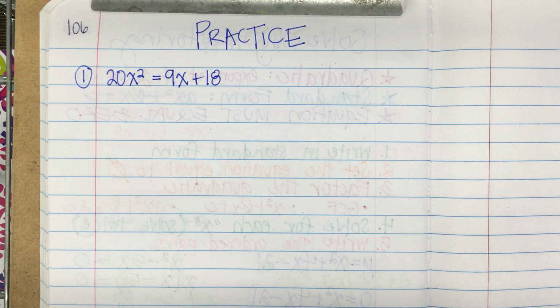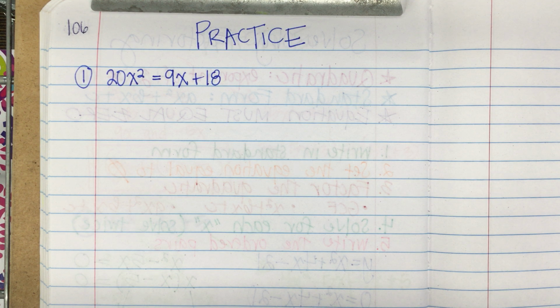What was my first step? What's my first step of my notes? Write it in standard form. Is it in standard form? No, it is not in standard form. There are 2 things I could do.